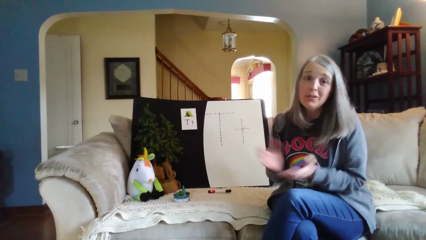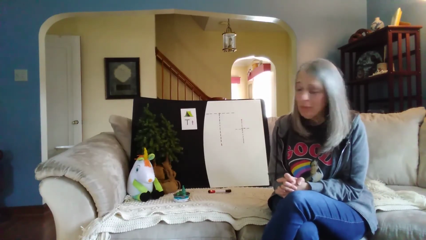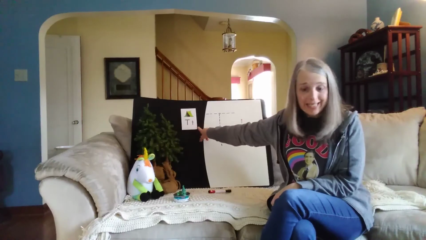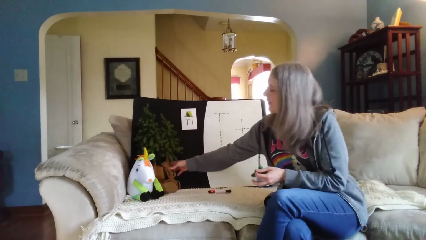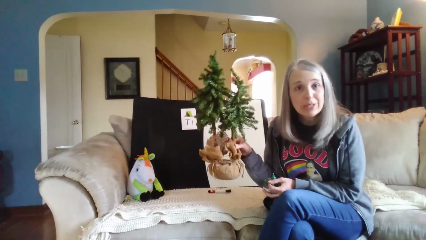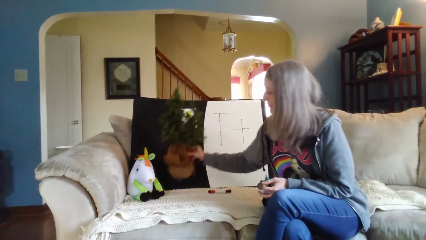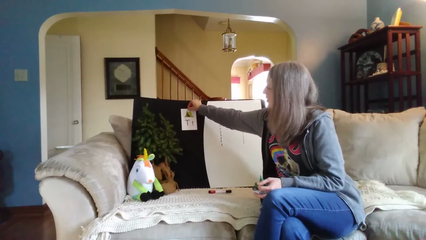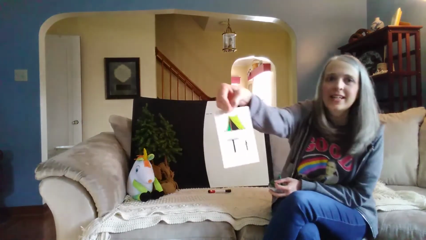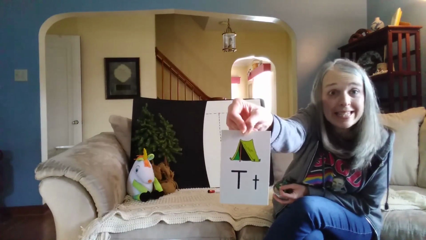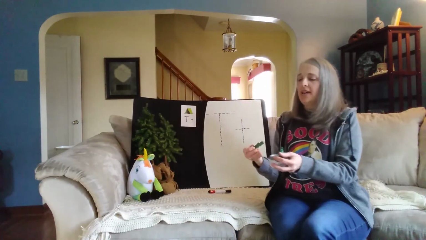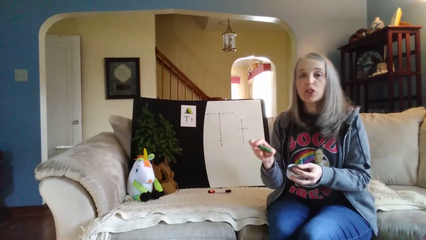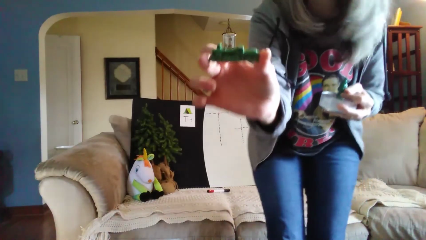And I've got our new letter, so here we go. It's the letter T. And here's some things that begin with the letter T. I've got a tree. This is a picture of a tent. I've got a little toy train.